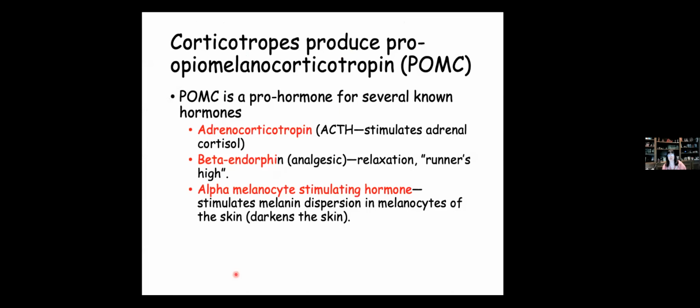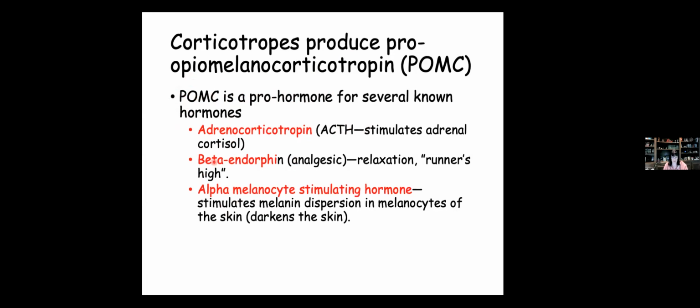So corticotropes produce the ACTH, but they produce it as a prohormone. And you'll probably hear about pro-opiomelanocortin. That prohormone can actually be a prohormone for several other hormones. Of course, adrenocorticotropin is one of them.